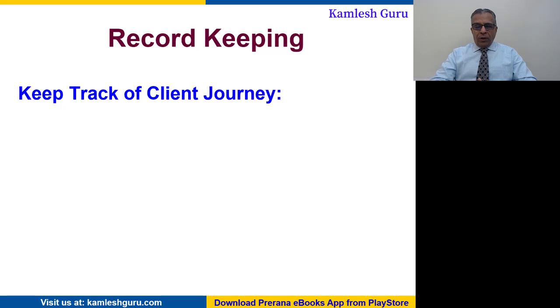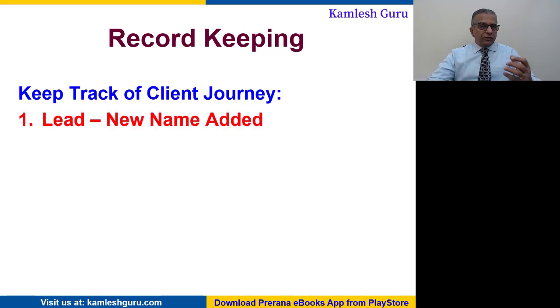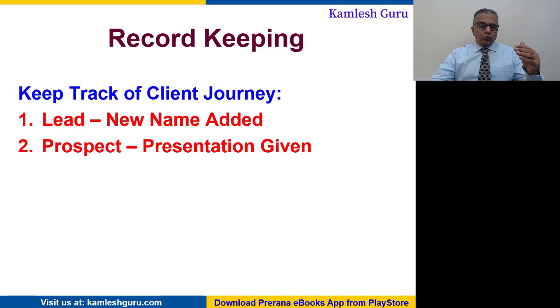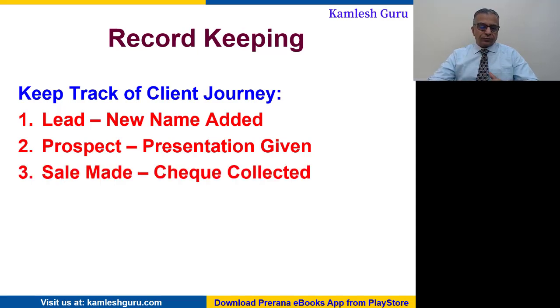So for record keeping, you have to keep track of your client journey. Your client journey starts with adding the lead, adding his name into your list, that is lead. Number 2, when the prospect shows interest and you give the presentation, his journey moves from lead to prospect.